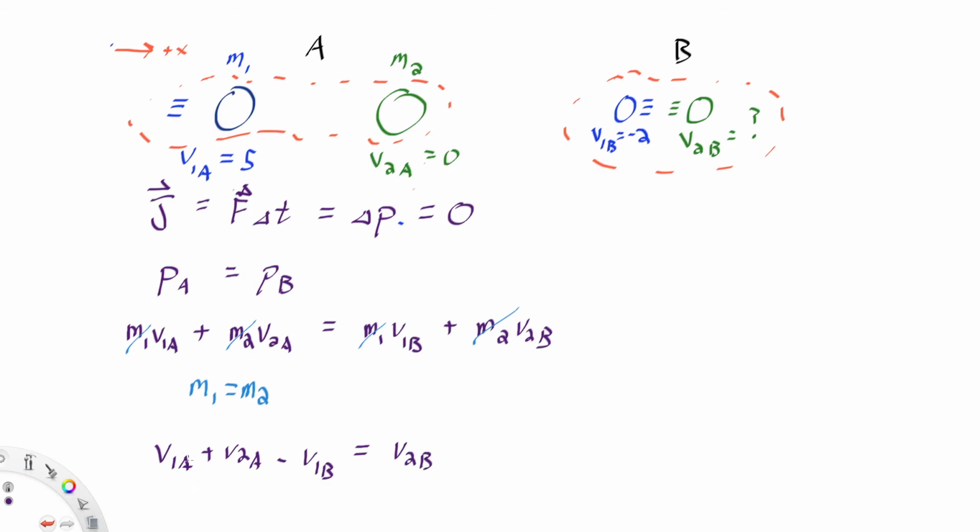So the velocity of marble 1 before the collision was 5. The velocity of marble 2 before the collision was 0. The velocity of marble 1 after the collision is negative 2. So actually, the velocity of marble 2 after the collision has to be 7. Right? Because with momentum, unlike with energy, direction matters.